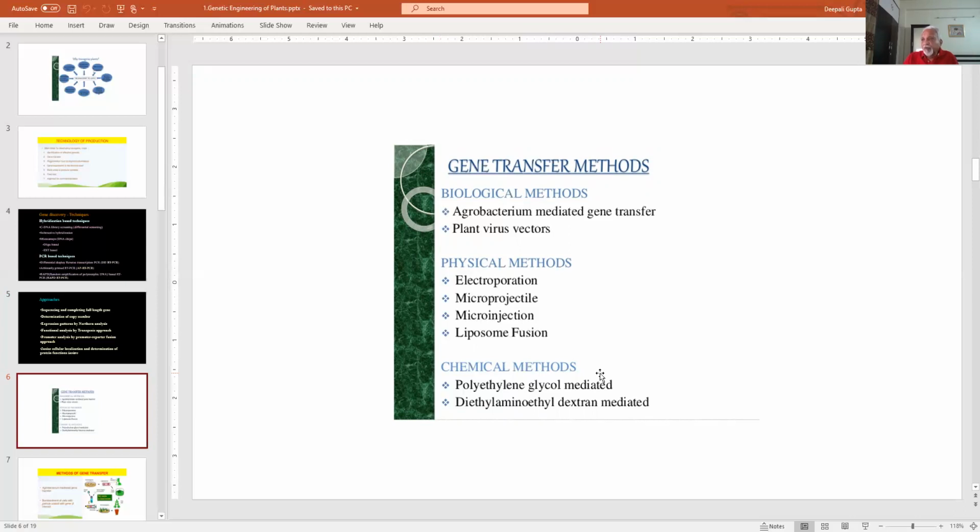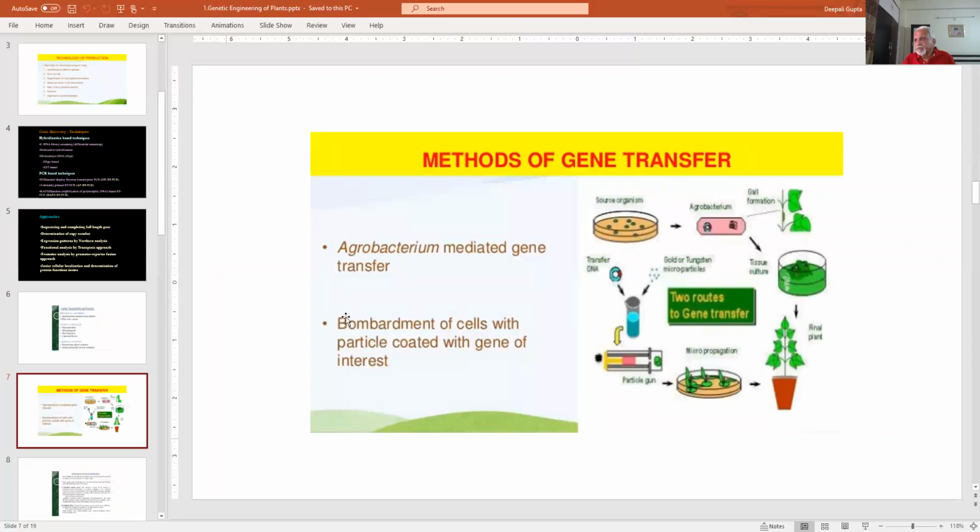And all of them have been used successfully to transform a plant cell. But out of this whole lot of list, the two methods which are in use these days include the agrobacterium-mediated gene transfer and the particle bombardment systems.